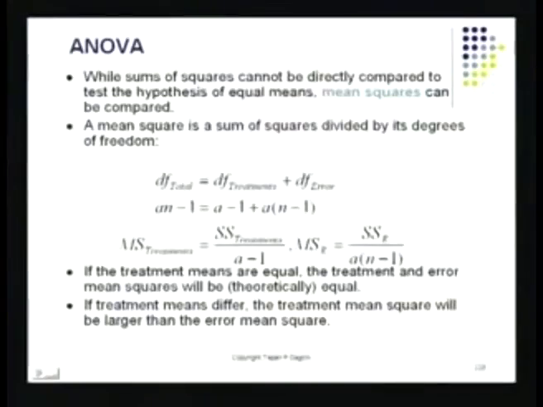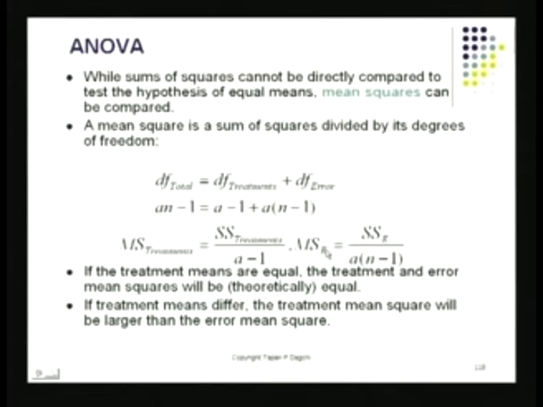So I've got treatment degrees of freedom turning out to be a minus 1. And if we subtract this quantity a minus 1 from an minus 1, you're left with what we call error degrees of freedom. That's what I've got there. Now I'm able to calculate these quantities, the mean square treatments and the mean square errors. I'm able to compare these two quantities.